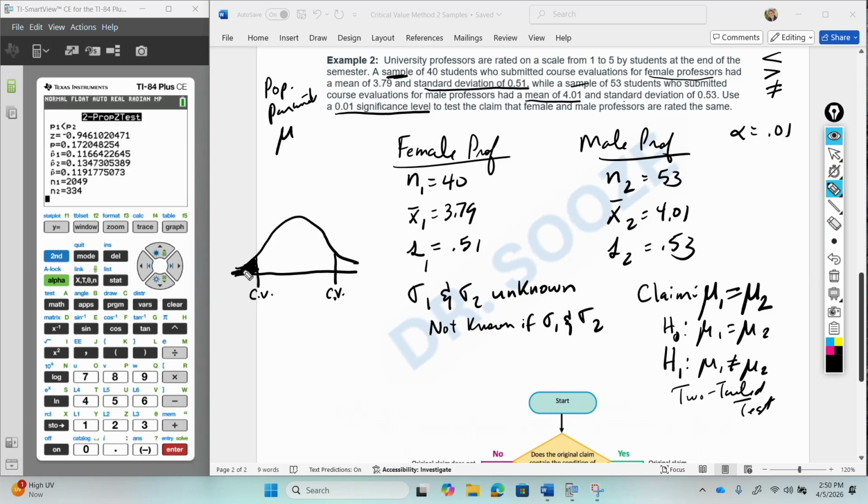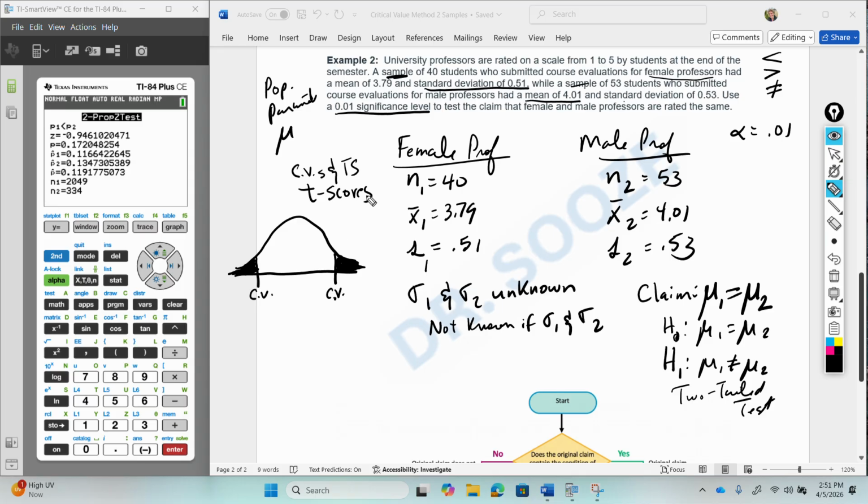Now, since the sigmas are unknown, my critical values are going to be t-scores. My test statistic is going to be a t-score. So the critical values and the test statistics are going to be t-scores.